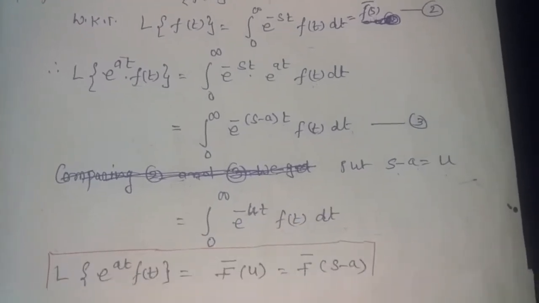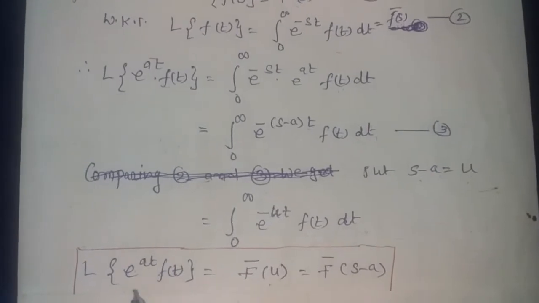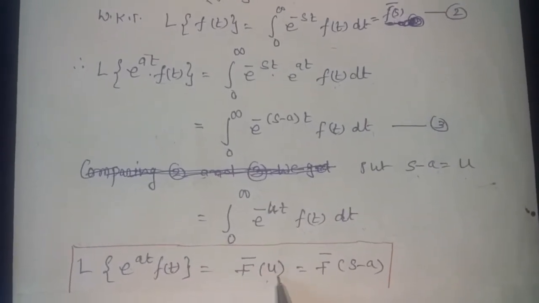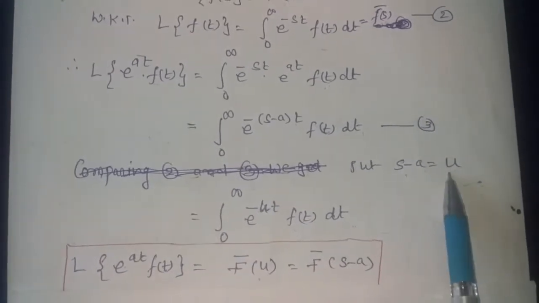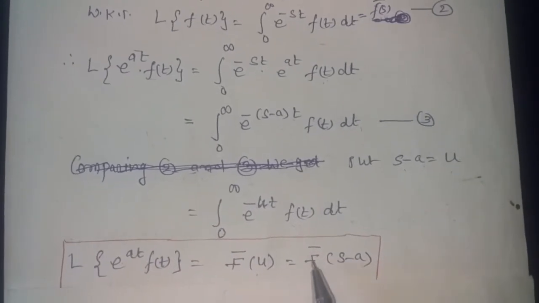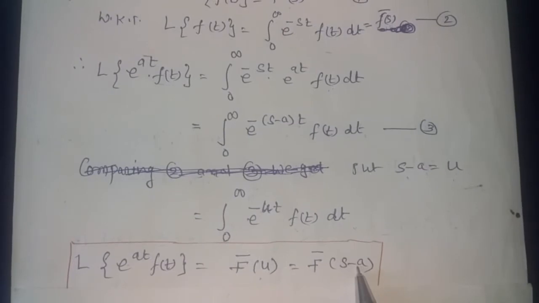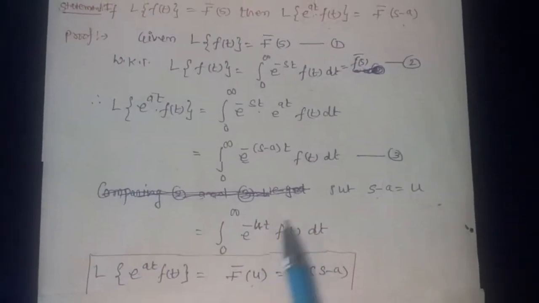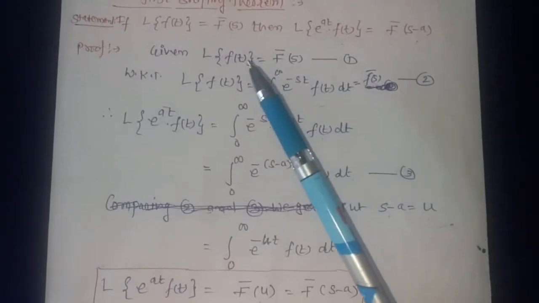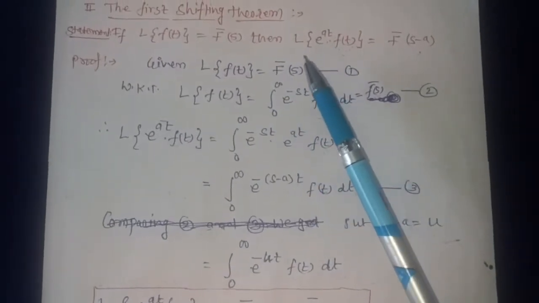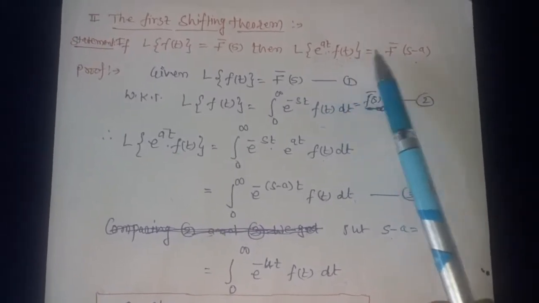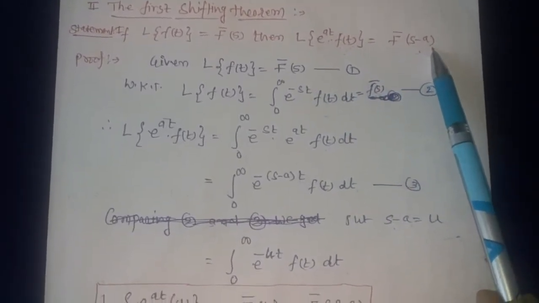So Laplace transform of e power at into f(t) is f bar u. Now the value of u is s minus a, so we get f bar of s minus a. So this is the proof of first shifting theorem, that if Laplace transform of f(t) is f bar s, then Laplace transform of f(t) into e raised to at is given by f bar of s minus a.